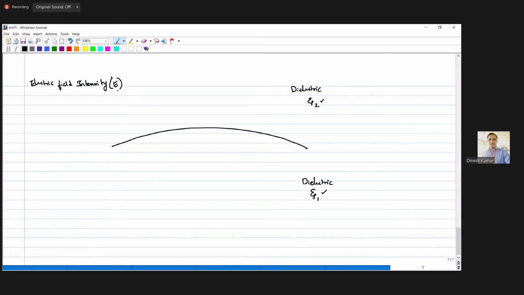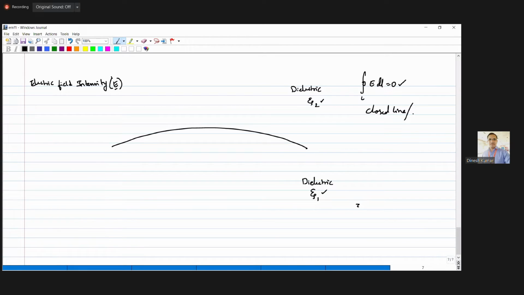Since I'm taking the electric field intensity, the equation that I have to use is the closed line integral of E dot dl, which should be equal to 0. For this equation to be satisfied, I have to consider one closed line, or simply we will call it a loop.